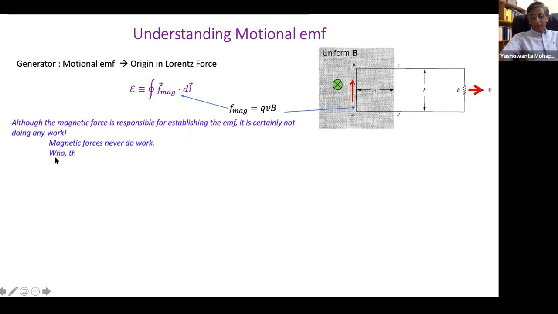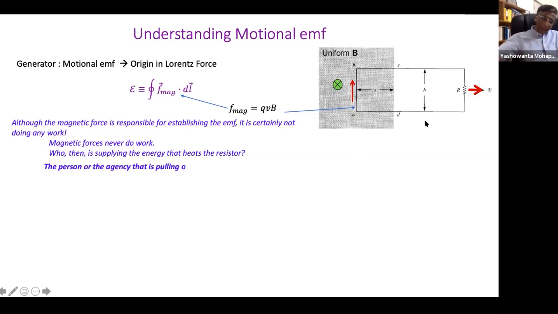So who then is supplying the energy that you are getting at the heater that heats up the resistor? Obviously, the person or the agency who is pulling is the one who is doing the work. All right, so let's understand this in terms of the details of the physics.